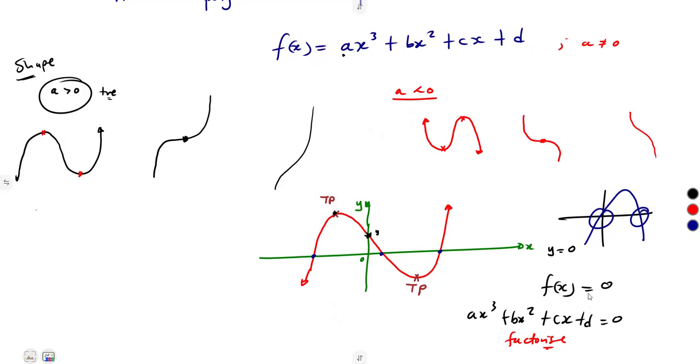Then for the y-intercept, it is simply the constant d. When x is equal to 0, your y will be equal to d. That will be your y-intercept. So that part is direct.